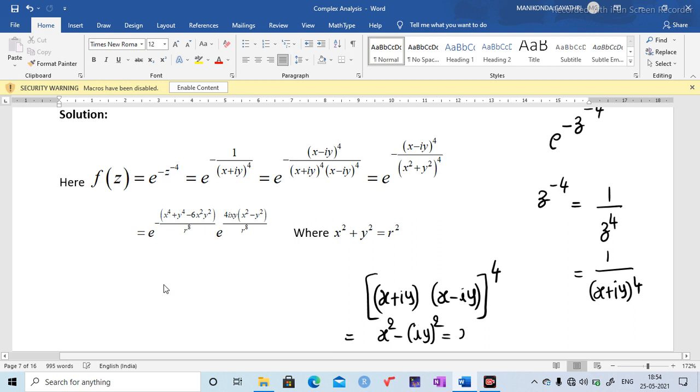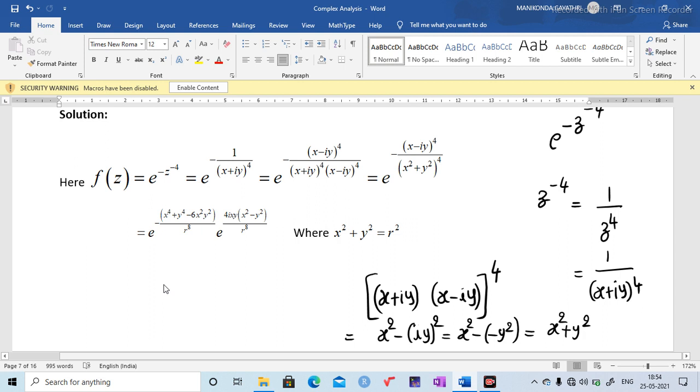So x square minus y square, because i square is minus 1, minus 1 into y square is minus y square. This is x square plus y square. That's why in the denominator we are going to get x square plus y square whole power 4.